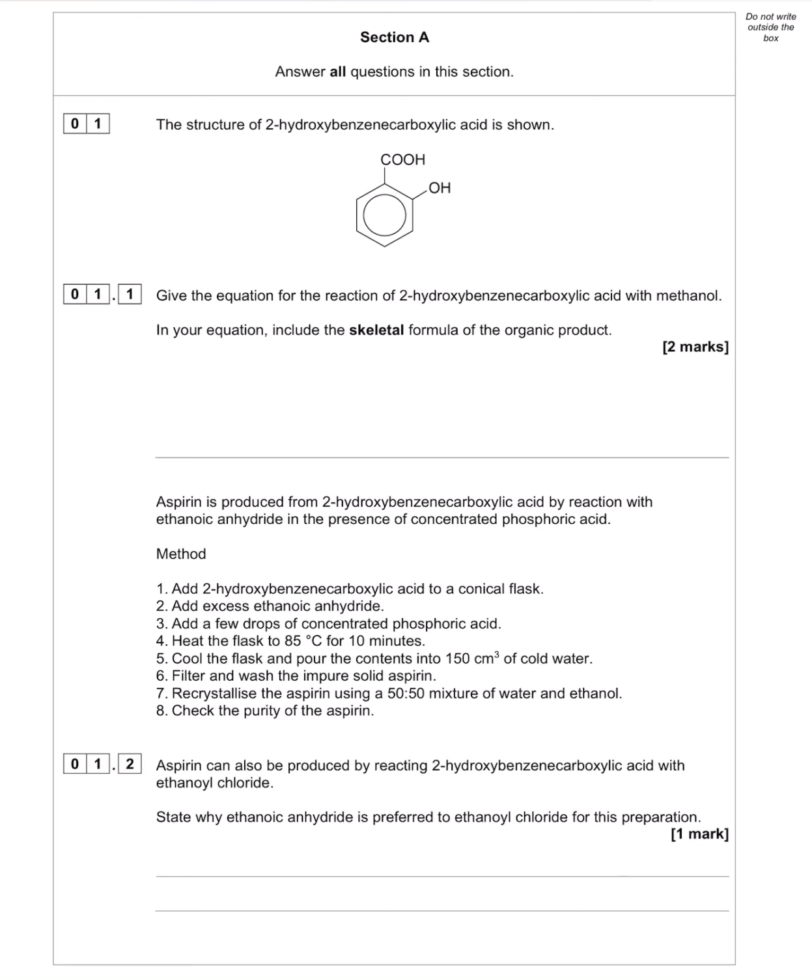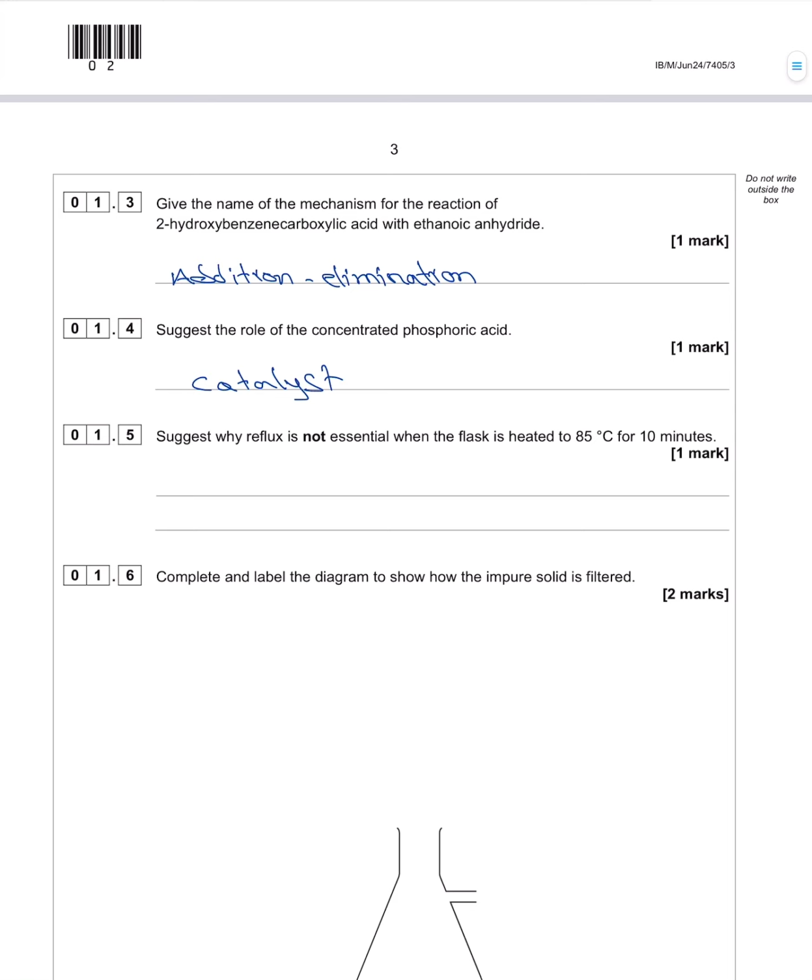And suggest why reflux is not essential when the flask is heated to 85 degrees for 10 minutes. So in this experiment, you add the different reactants together and then simply heat them at 85 degrees for 10 minutes. You don't do reflux. We usually need reflux if the heating temperature is above the boiling points of the different reactants or products, or if we use a certain solvent.